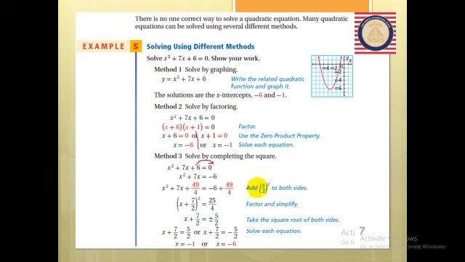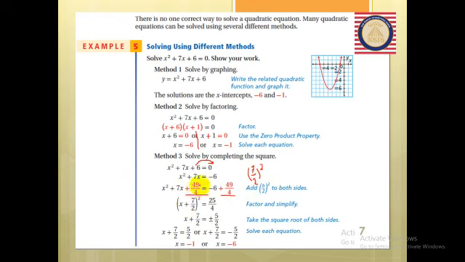What's b? b is the coefficient of x. So 7 over 2 power 2. 7 power 2 is 49 and 2 power 2 is 4. I'm going to add it to both sides.